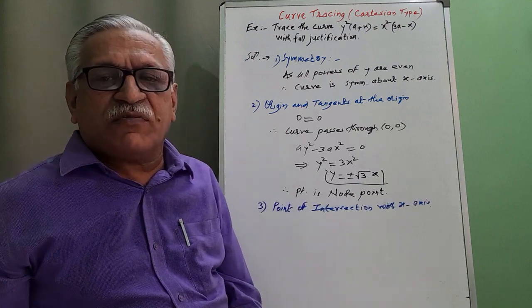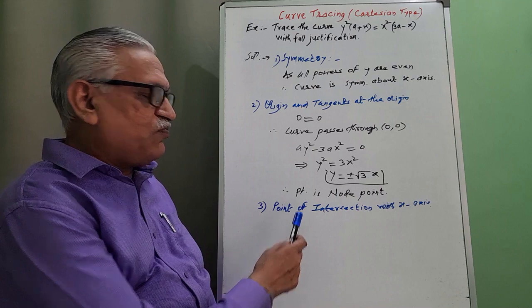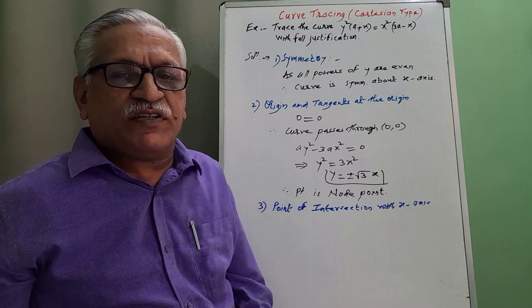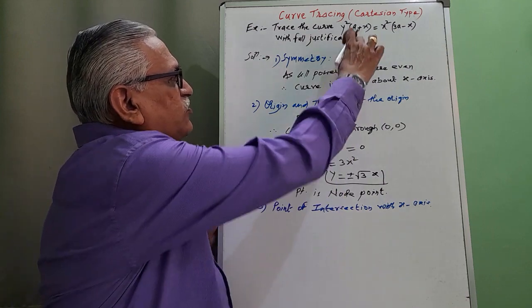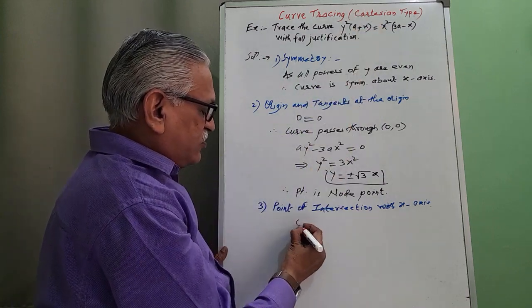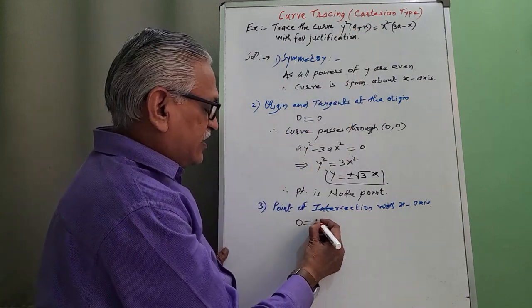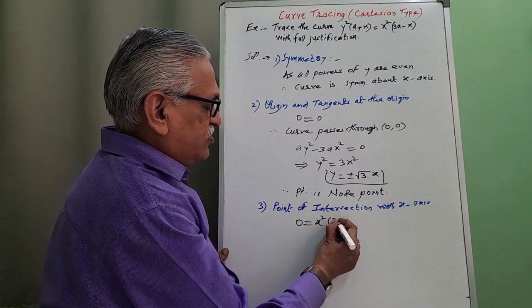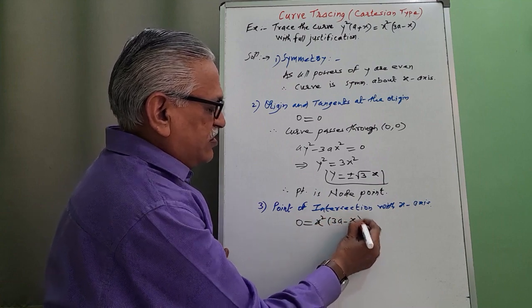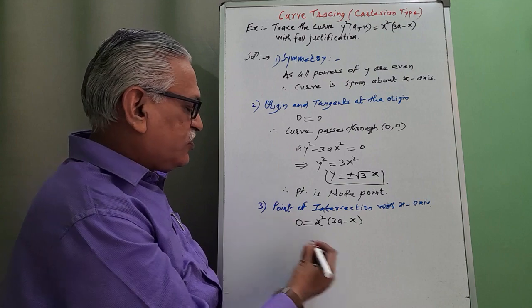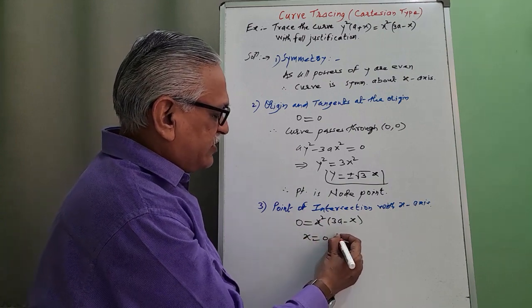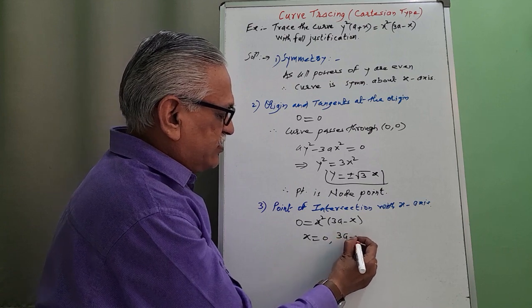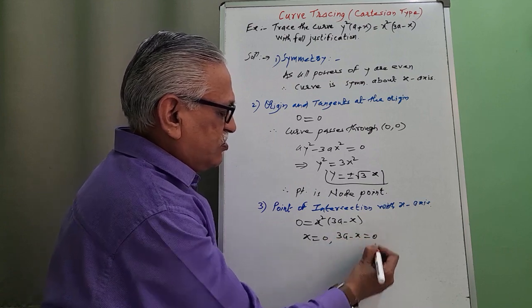As the curve is symmetrical about x-axis, next point is we require to find point of intersection with x-axis, and the procedure is that put y is equal to 0. Therefore, if we put y equal to 0, left hand side is 0, right hand side is x square into 3a minus x. A product of two terms equals to 0. Equating each to 0, we get x is equal to 0, and second 3a minus x is equal to 0.